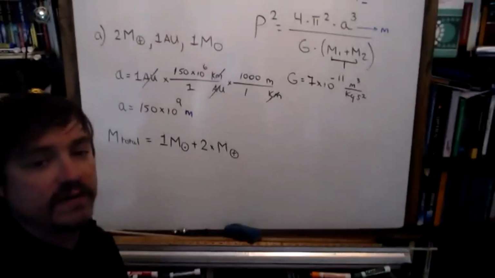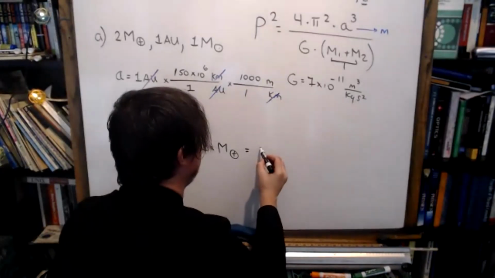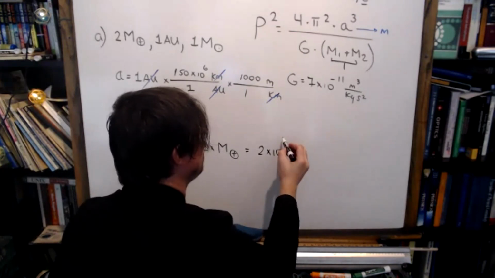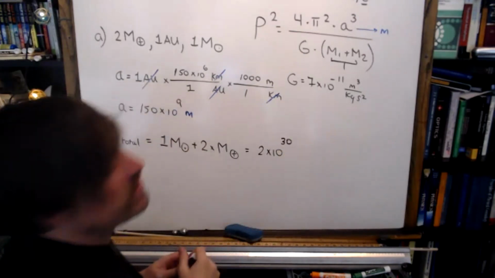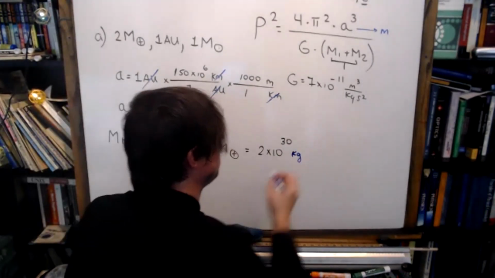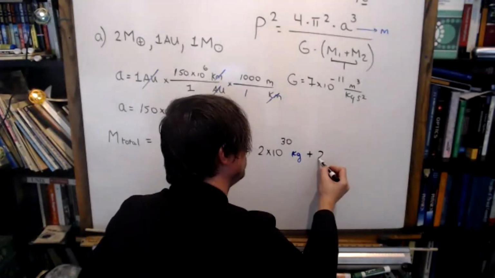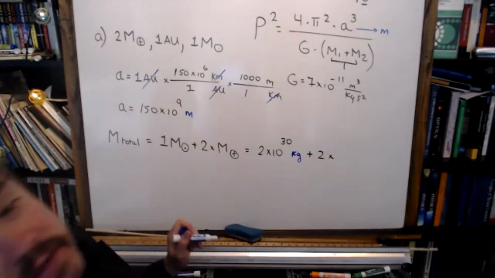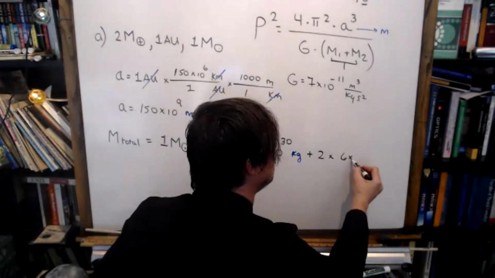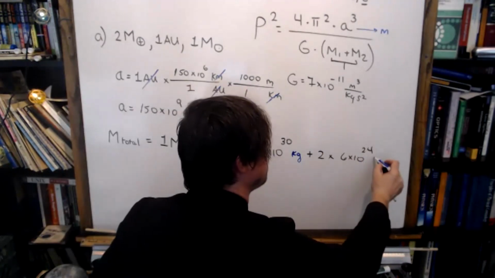So watch my moves here. First thing I'll do is the mass of the sun from today's lecture is 2 times 10 to the 30 kilograms. And then we're going to add plus 2 times the mass of the Earth from today's lecture, which is 6 times 10 to the 24 kilograms.